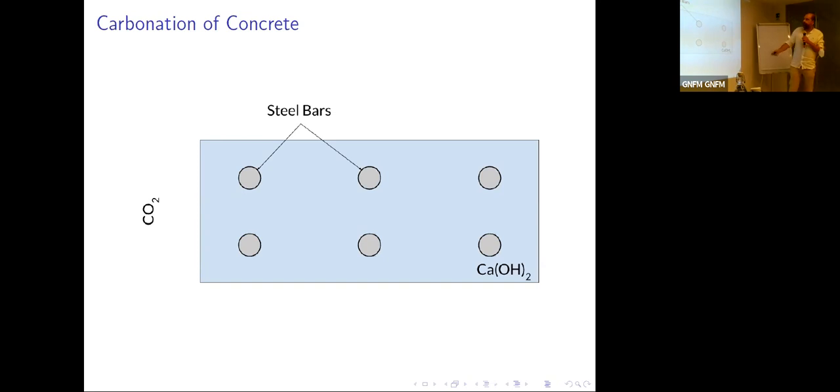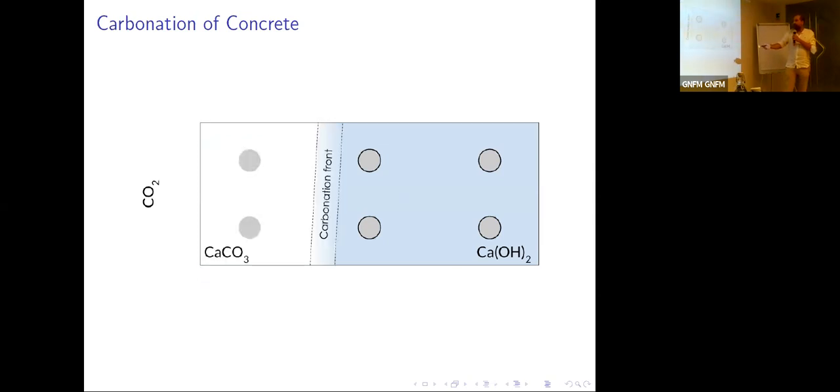Now, if the piece of concrete is in contact with the ambient air, in particular with the carbon dioxide, also some moisture from the outside penetrates the piece of concrete.